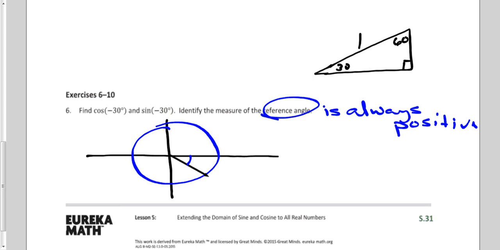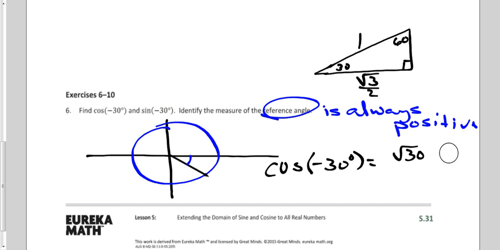What's the length of this side? Square root of 3 over 2. Good. So let me erase that, because I'm not doing cosine theta. I'm doing cosine of negative 30 degrees equals square root of 3 over 2.